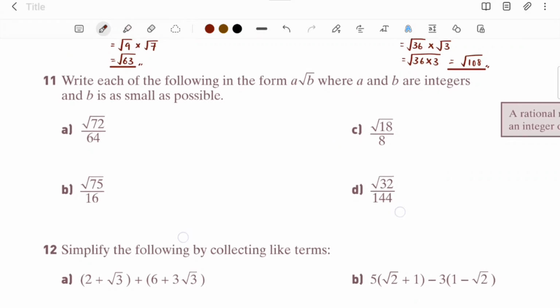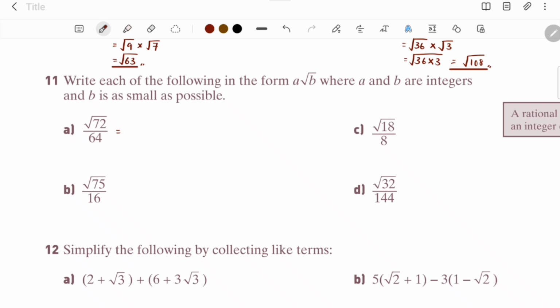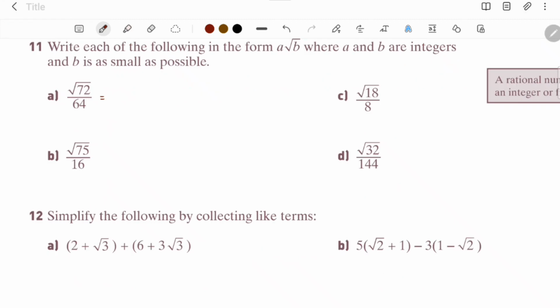Write each of the following in the form of A Surd B, where A and B are integers, and B is as small as possible. Okay. So let's see. This one, we know that the smallest one for this one can be Surd 2.